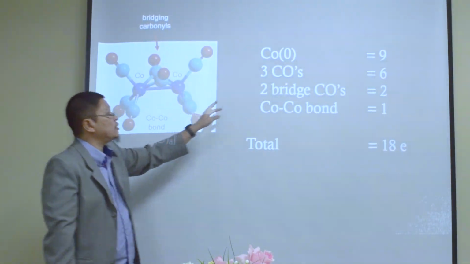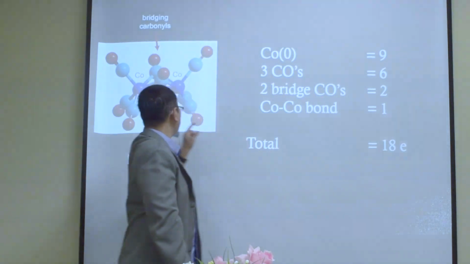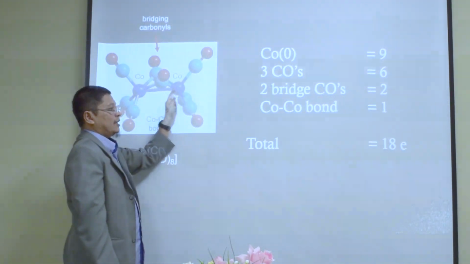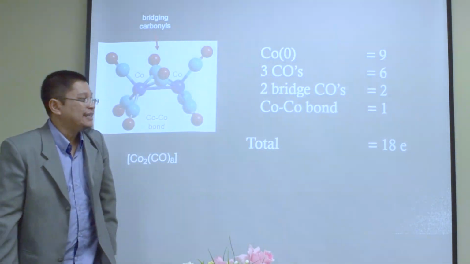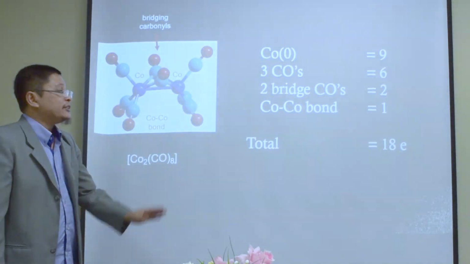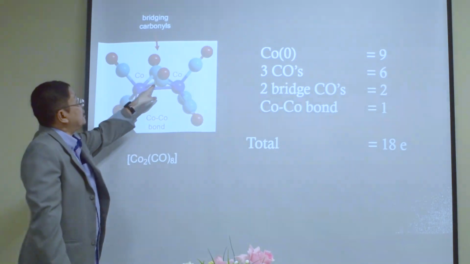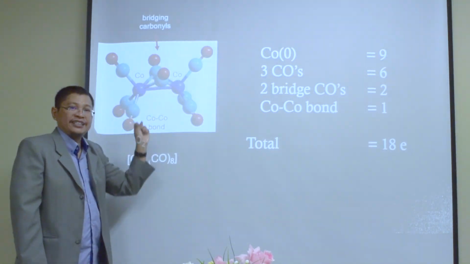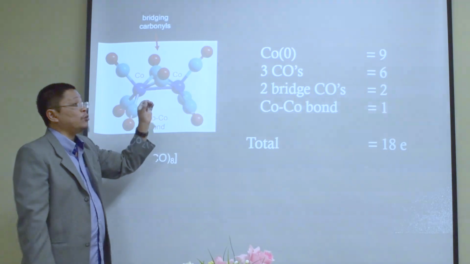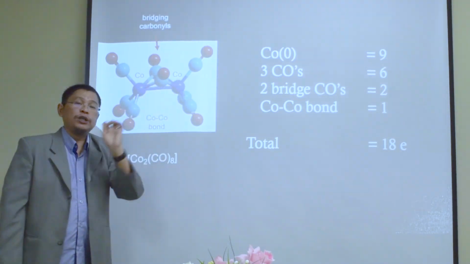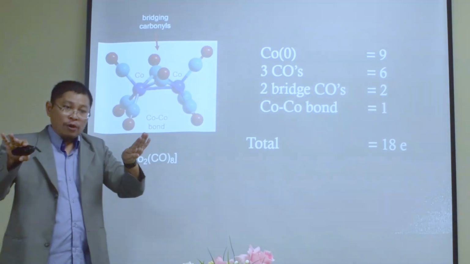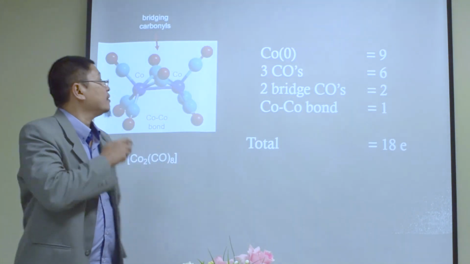So the 2 bridging CO become 2, and the metal-metal bond becomes 1, then you add up, and everything becomes 18 electrons as well. This is a bit different because it involves the bridging CO. But we all know CO contributes 2, but since it links 2 metals, the 2 electrons we just split into 1 to each. Right?